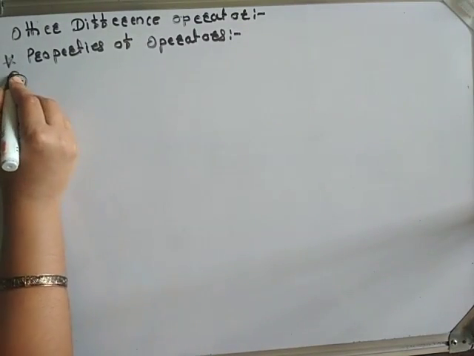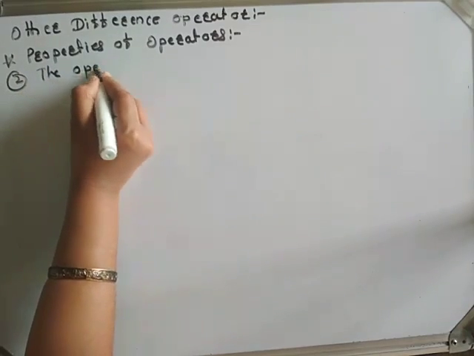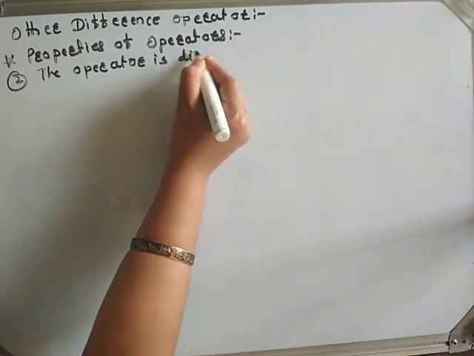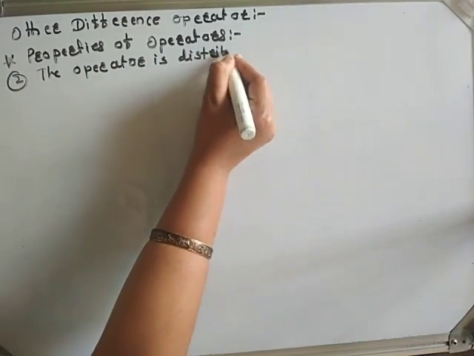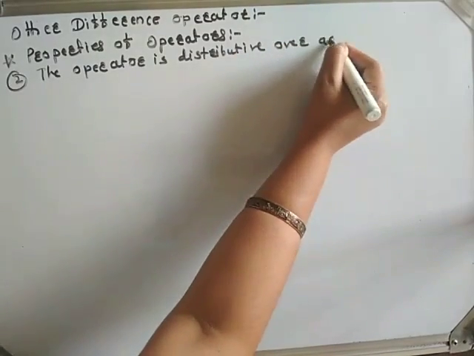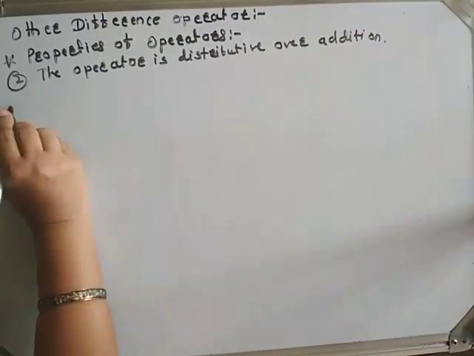Second property is the operator is distributive over addition. The operator is distributive over addition.